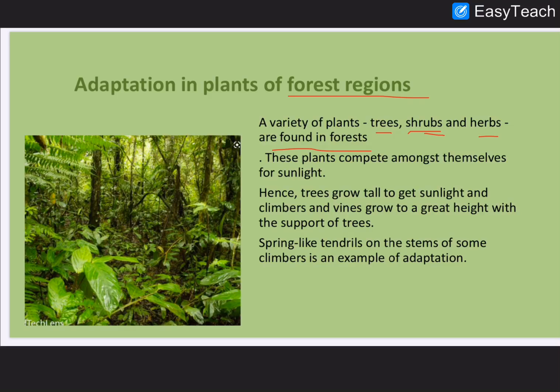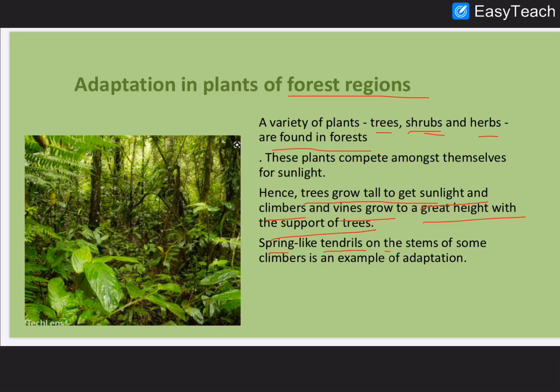It is in search of sunlight that these plants are growing thick and to a huge height. Hence the trees grow tall to get sunlight, and climbers and vines grow to great height with the support of trees.